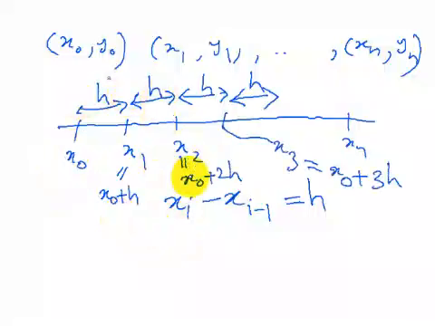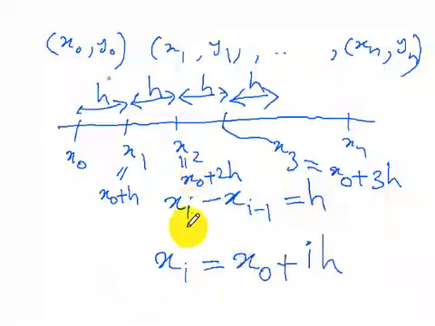So if you have x sub i, that's consistent with notations, x sub i can be written in terms of x naught and h as x0 plus i times h.